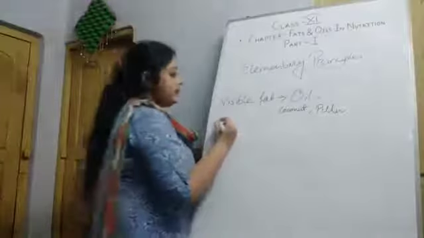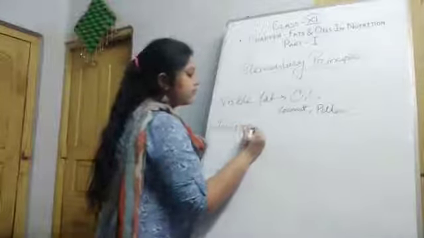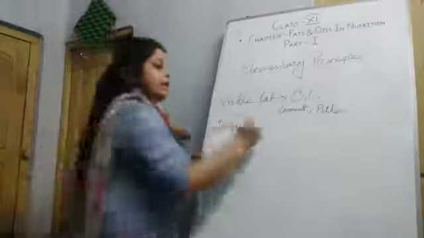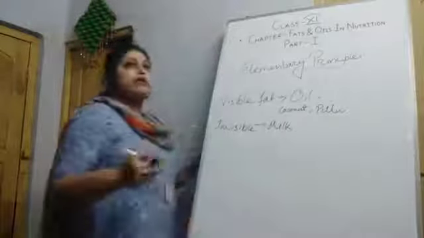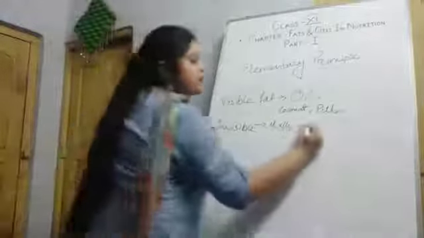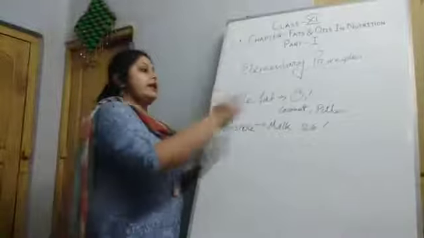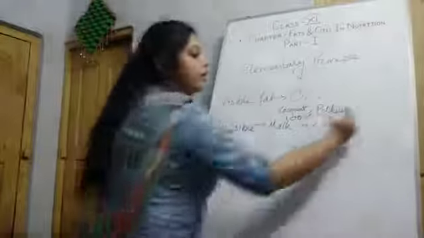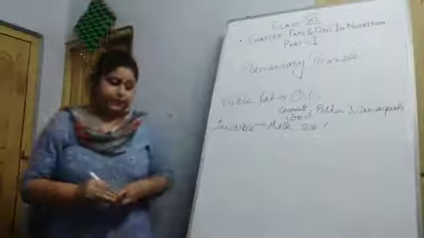Invisible fat means the fat which we can't see, like in milk. In powder milk, near about 26% fat can be found. In any oil like coconut oil, there is 100% fat. Vanaspati is also a rich source of visible fat, right?